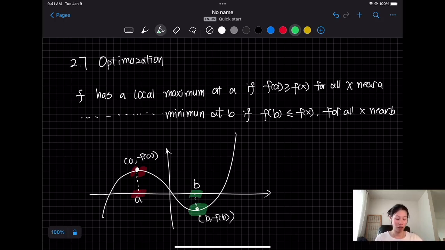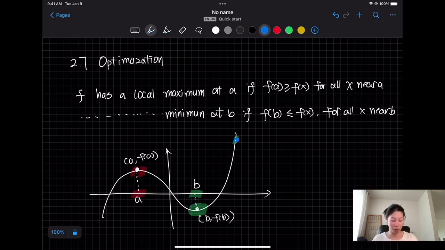So why are we calling it local? Because if you look at this point that I labeled in blue, it is probably greater than f of a, but this is not the definition of local maximum, because you can see the numbers nearby that blue point, such as, I'm going to highlight it in yellow, this part is greater than the blue point.